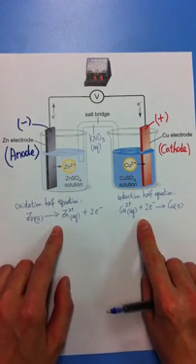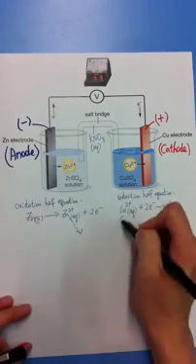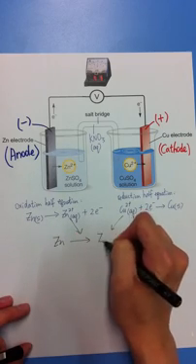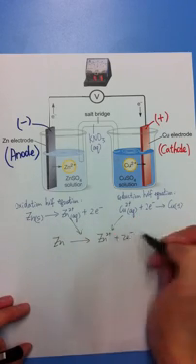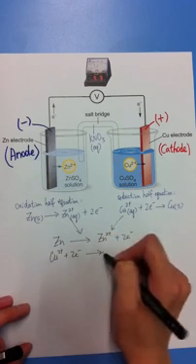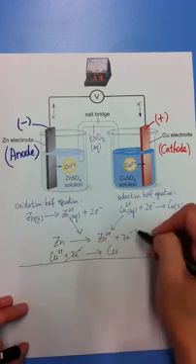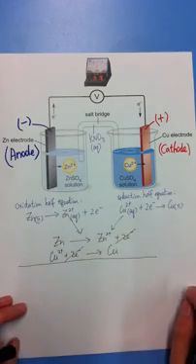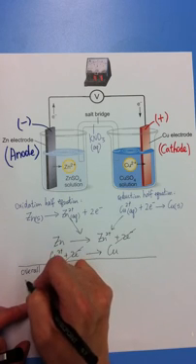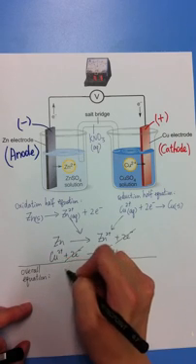By combining these two half reactions, these two half equations, zinc is becoming zinc ion, copper(II) ion to form copper. By combining these two equations, deleting the electrons, we can get an overall chemical reaction in this chemical cell.